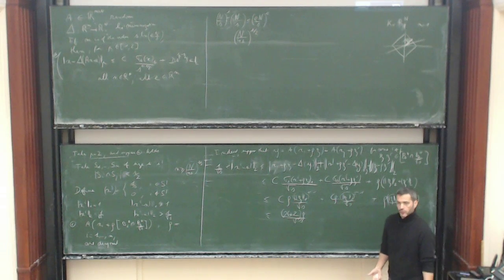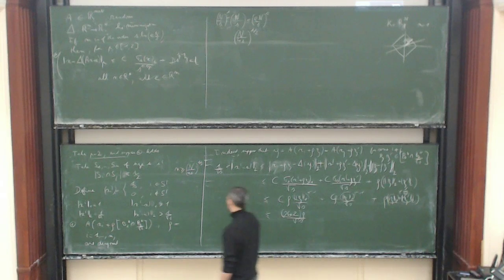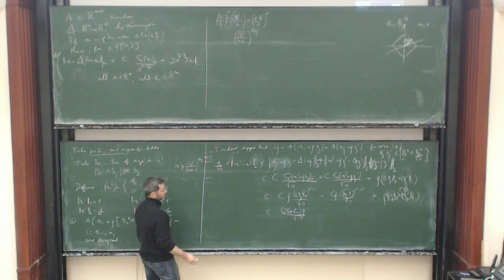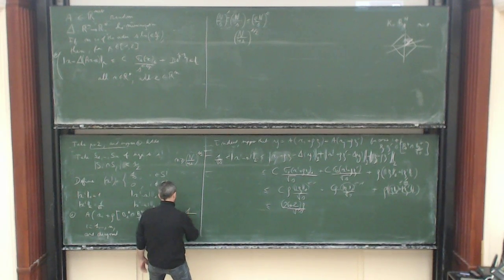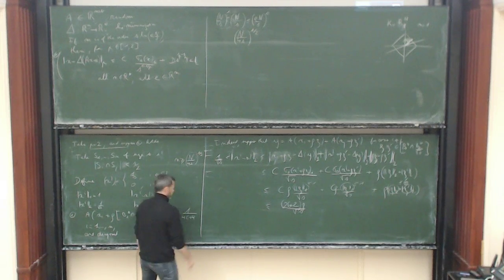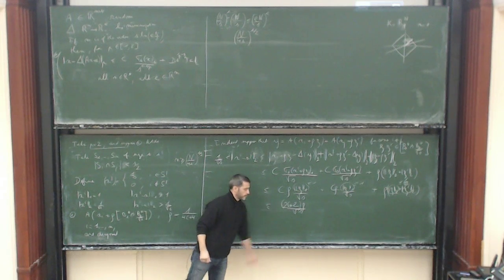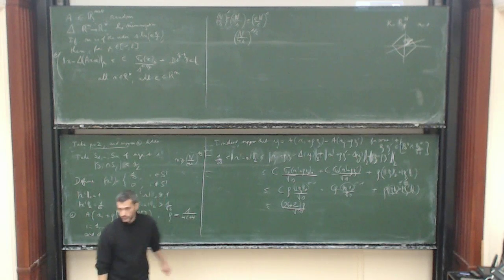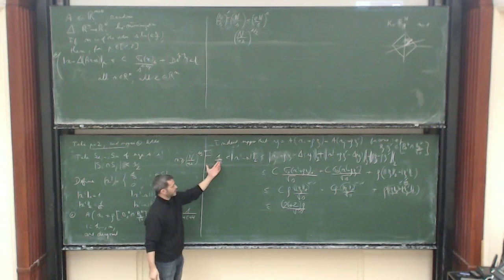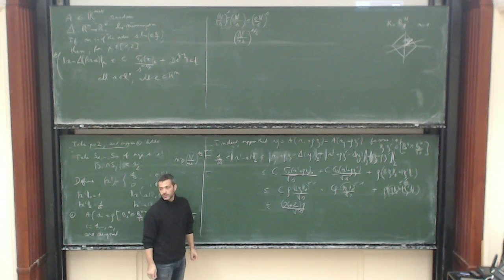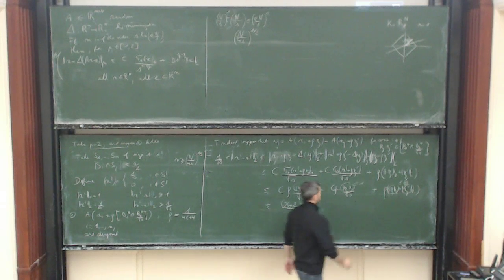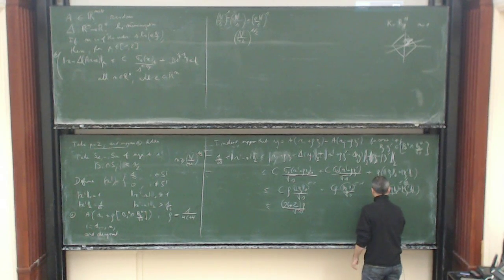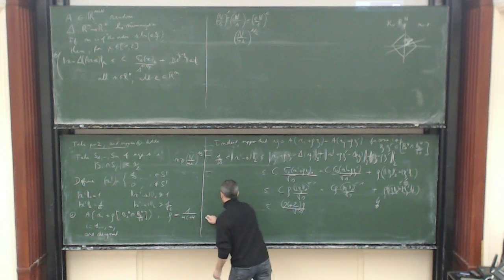Okay, I want a contradiction, but I get the contradiction if I take rho small enough at the beginning. So rho is 4c plus 4, and then that becomes 1 over 2 square root of s. But that cannot be larger than 1 over square root of s. Okay, so contradiction here.